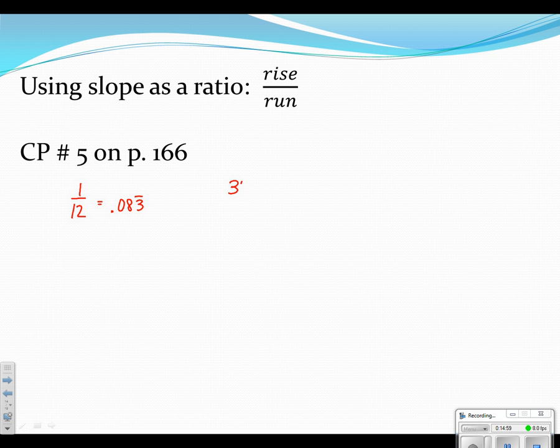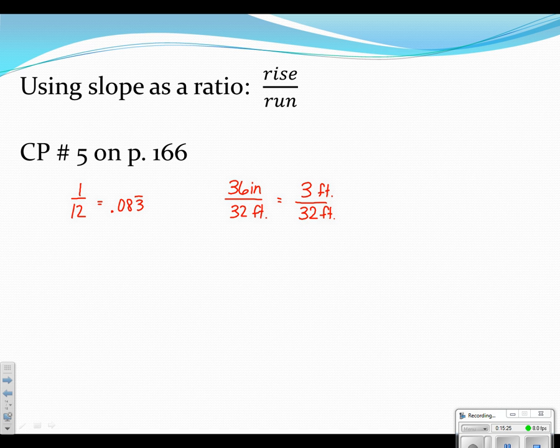Okay, so let's take a look at our example in the book. It tells us that it's going to have a rise of 36 inches to a run of 32 feet. When we're looking at ratios, we want to make sure that our units match. So the first thing I notice in this ratio is that they don't. 36 inches is a pretty easy conversion to feet. So I start by rewriting. Okay, now it's just a matter of comparing it to that 1 to 12 ratio.